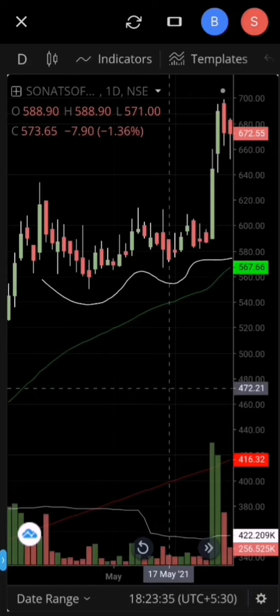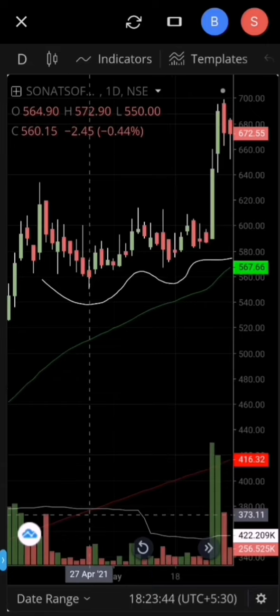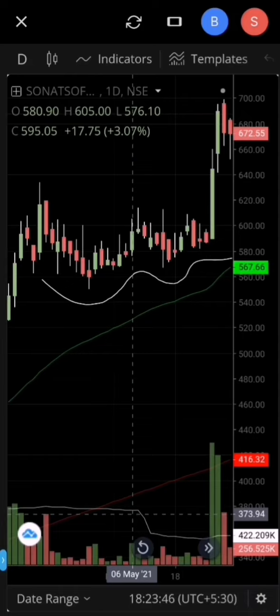Just pay attention to the volumes when the stock was contracting. See, the volumes were really subdued. As I said earlier, the white line depicts the average 50 days volume in the stock, and the volumes were significantly low during this consolidation phase.